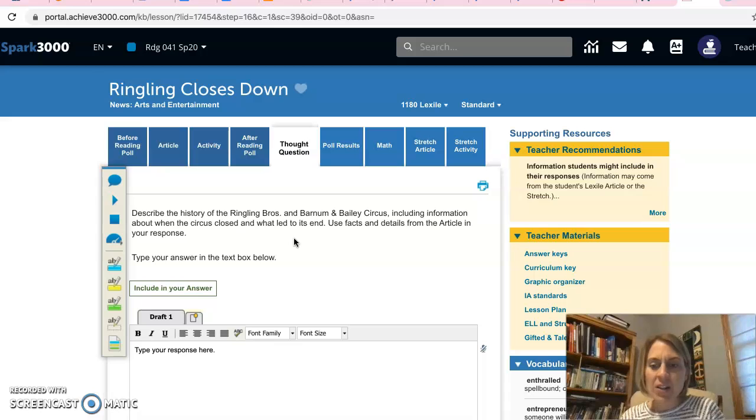It really doesn't matter. So you essentially have three assignments: two articles, read and do the activities, which would be the quizzes, do the thought questions for both of those, and then submit an example of note-taking from either your textbook or an additional article.